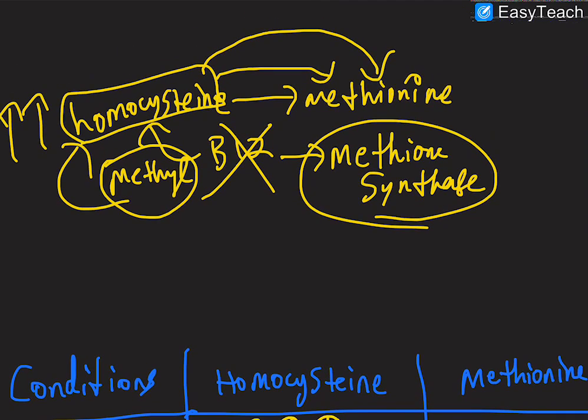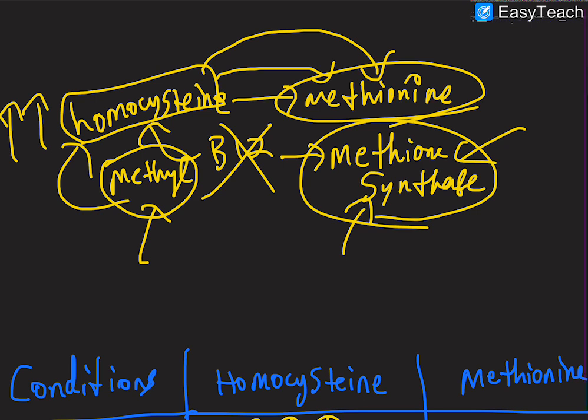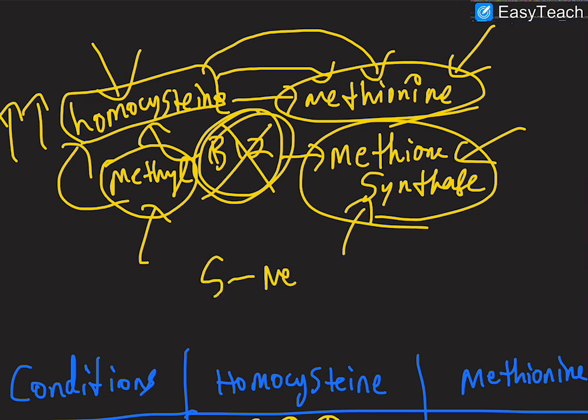But remember, we just said both of these things are stopping the formation of methionine. Okay, you can't form methionine because you need methionine synthase to do that, and you don't have B12, so methionine synthase can't work. And you need homocysteine to be methylated in order to even form methionine, but that can't happen because you don't have enough B12 to transfer that methyl group that B12 got from who? 5-methyl tetrahydrofolate, which is activated B9.